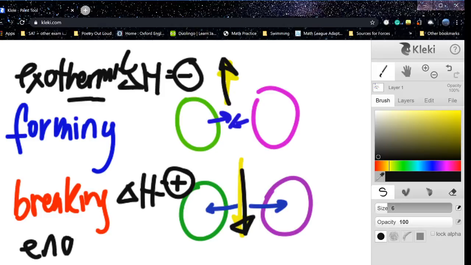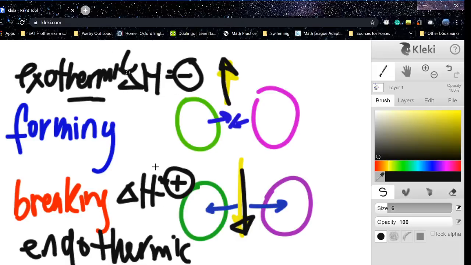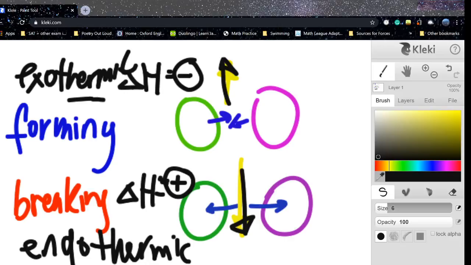Here we call a reaction that has a positive delta H endothermic. So it requires energy, and yeah, the system requires energy. So those are the two terms that we will keep bringing up while we are talking about enthalpy.